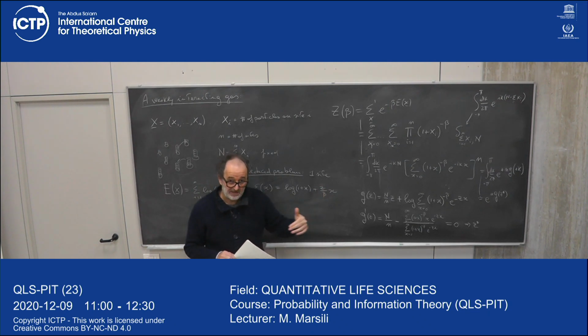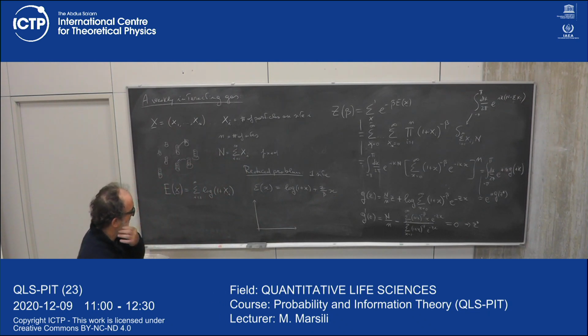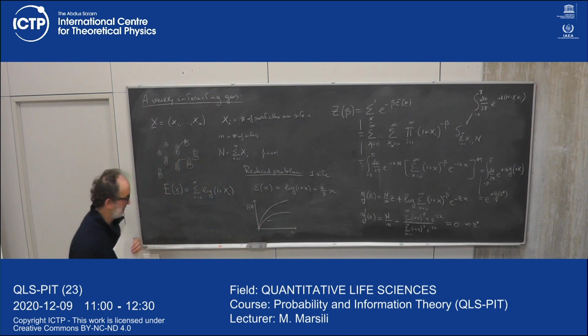So this is a negative force that draws x to 0. Your initial potential was just this log of 1 plus x, and now it is increased by this term here. So this means that this z imposes a force towards x equal to 0.